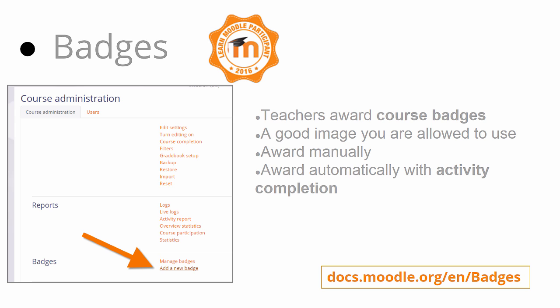As a teacher, you can only award a course badge, and make sure that you upload a good image which you have permission to use. You can either decide yourself who you want to give the badges to, or you can use activity completion to set the criteria for awarding the badge. You can find out more in the Moodle documentation on badges.